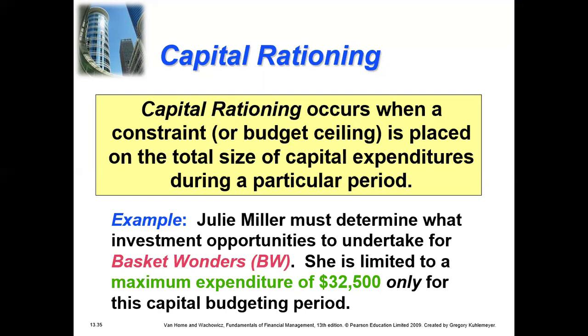The total limit, or you can say the total cash or total capacity she has for this investment, is $32,500. The maximum she can invest is $32,500. Now we will see where she can invest to get the maximum return.